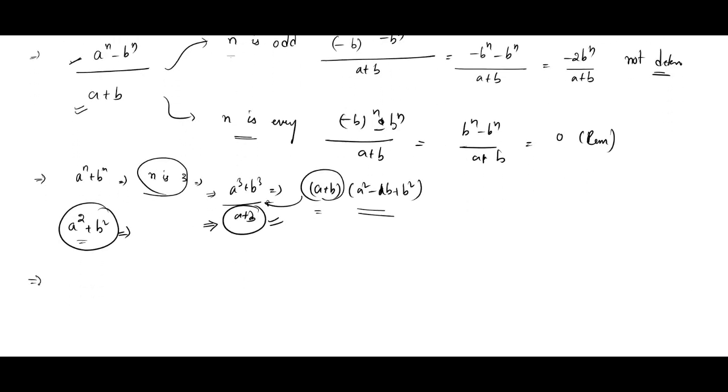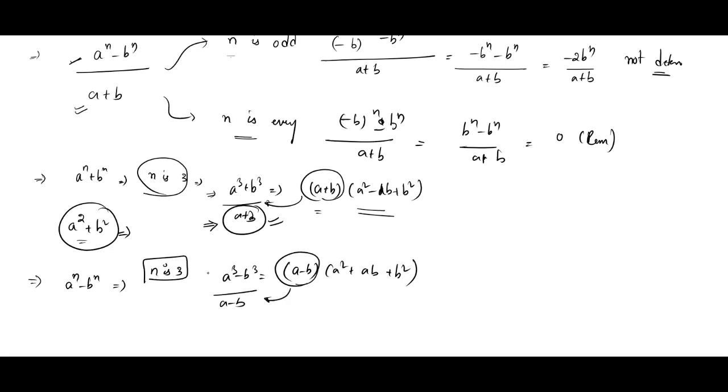For a power of n minus b power of n, take the same n as 3. A cube minus b cube is a minus b multiplied with a square plus ab plus b square. When I write a minus b in the denominator, I get a square plus ab plus b square. So a cube minus b cube is completely divisible by a minus b when n is odd.